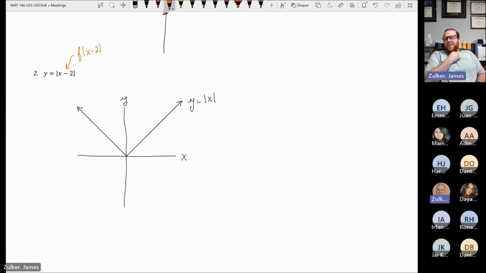This would be a horizontal translation. Now the question is, is it to the left or to the right? It'd be to the right, by 2 units. So we'll just say that is 2 units.